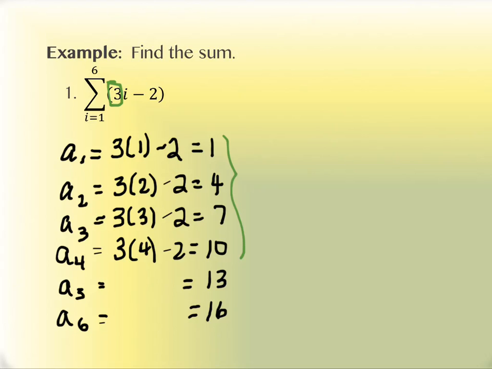Okay, so we've listed out the first 6 terms. What we want to do then is add them together. So I want 1 plus 4 plus 7 plus 10 plus 13 plus 16. And that is the summation of the first 6 terms. So grab a calculator if you want, or add things quickly in your head, whatever makes most sense to you.